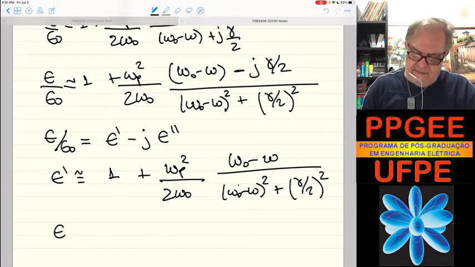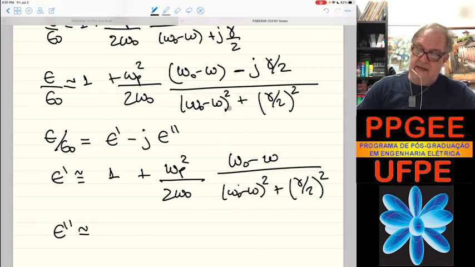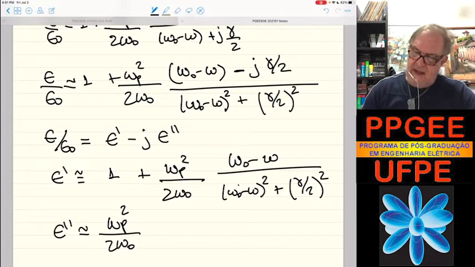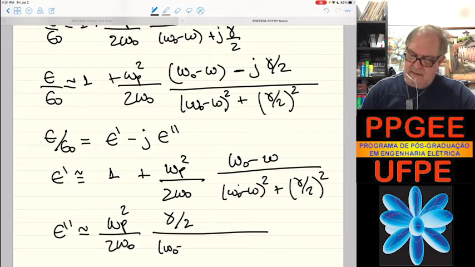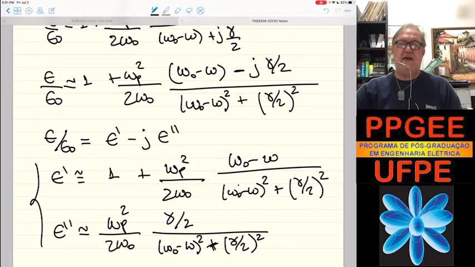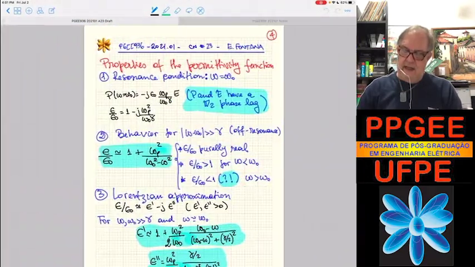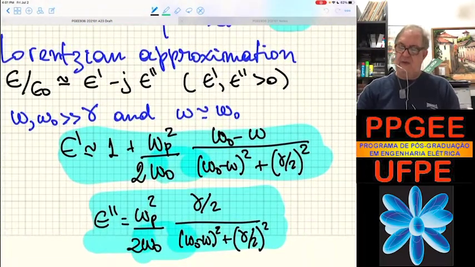And the epsilon double prime, approximately, you see that the minus is already here, so it's just omega p squared divided by 2 omega 0, then we have a gamma over 2 over the same denominator. The real and the imaginary parts are determined like this. That's the Lorentzian approximation. We have these final relations here, okay?